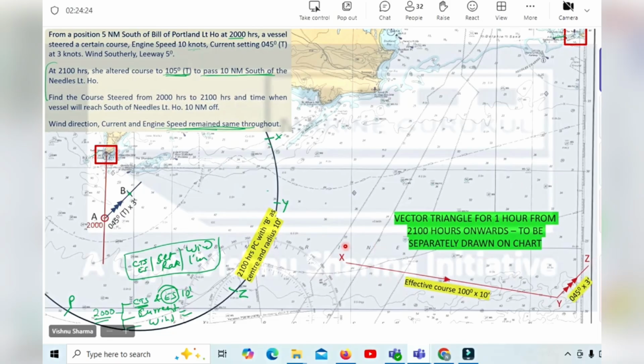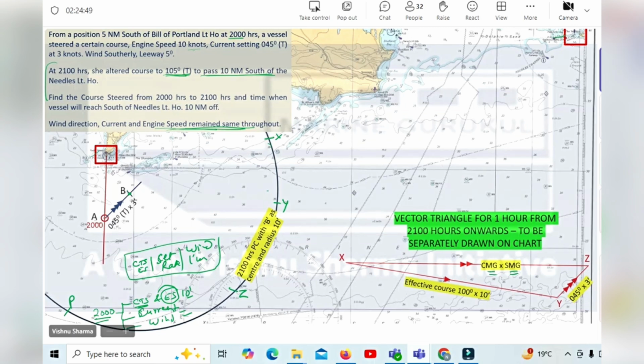That will be the course made good, right? Yes. From 2100 hours onwards. And what is the distance XZ? That is the speed made good from 2100 hours. Is this the course made good and speed made good from 2100 hours? Yes or no, guys? Please confirm. Correct, sir. Yes, sir.